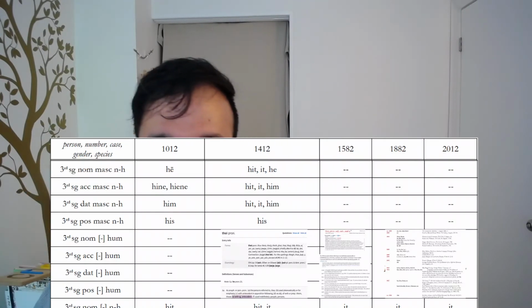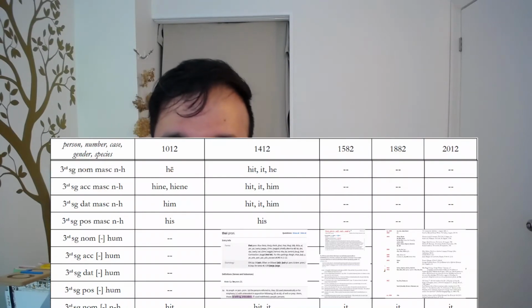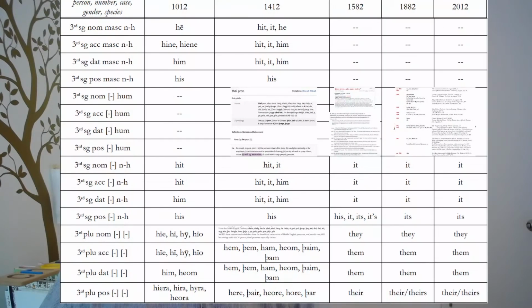But the trick is actually that this is the third person nominative, non-gendered, non-human: it. The pronoun it, as I mentioned earlier, the possessive form of that pronoun also is his, well into the early modern period.